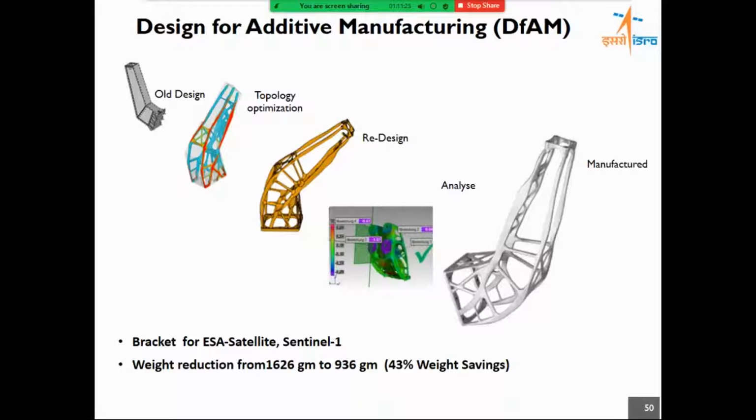So when you are carrying a lesser weight into the orbit, it obviously leads to a lot of cost savings. So in case of aerospace applications, weight savings can translate into huge cost savings, not only for manufacture of this part, but also in terms of the launch costs.